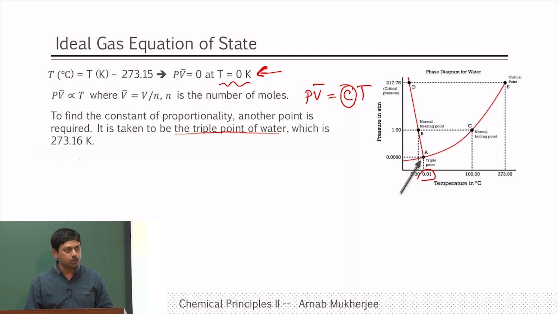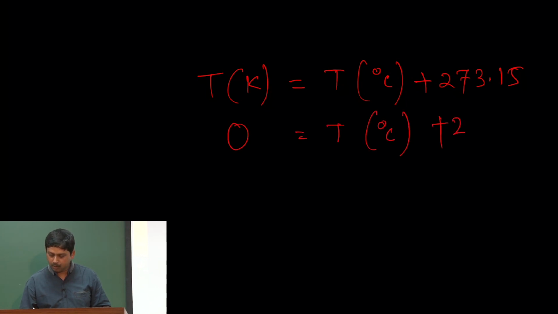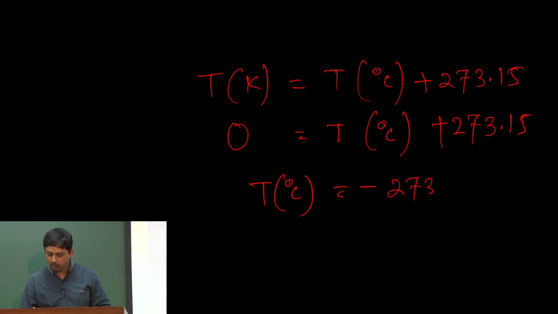Now, in order to have a universal scale, the Kelvin scale was introduced, which says that temperature in Kelvin is the temperature in degree centigrade plus 273.15. So, at 0 Kelvin, the temperature in degree centigrade is minus 273.15.